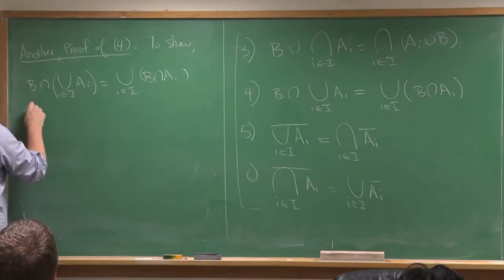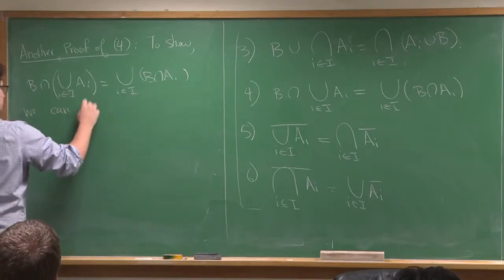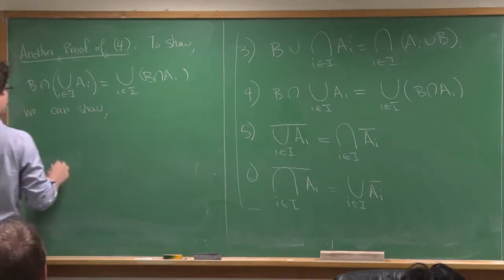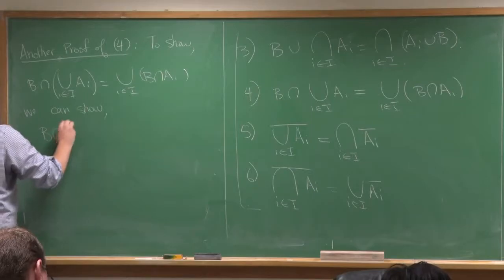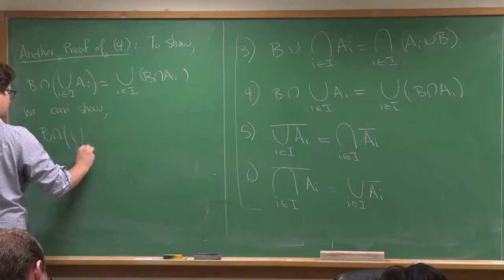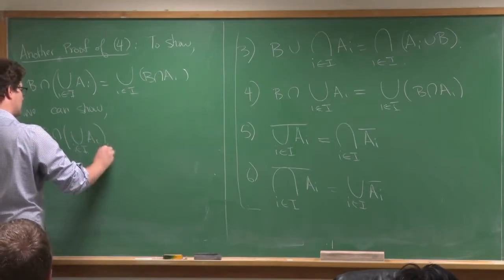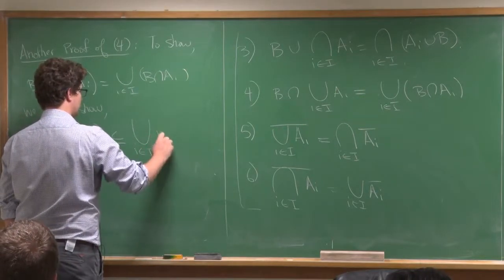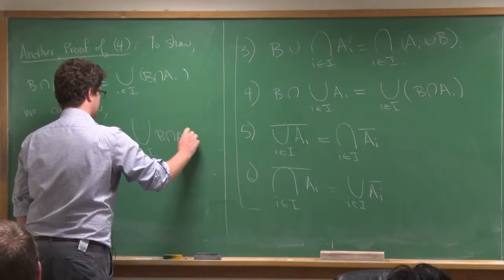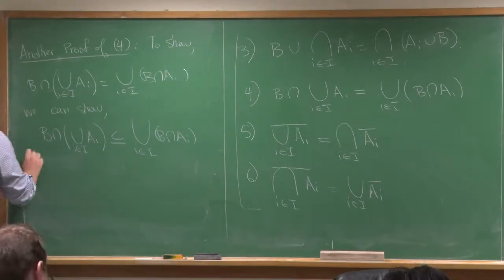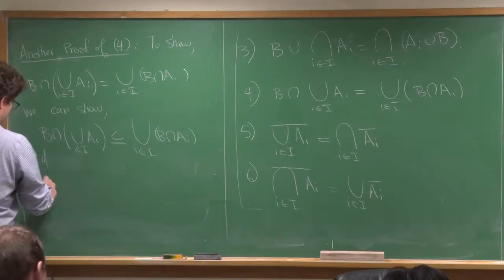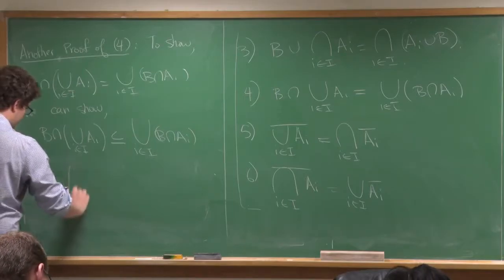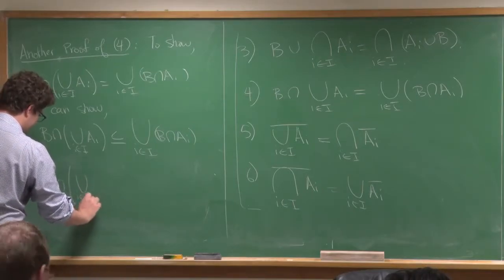We can show two things: that B intersect this union is a subset of the union, and the other way around, that we have this other subset inclusion.